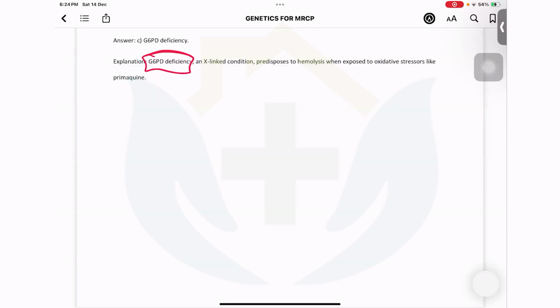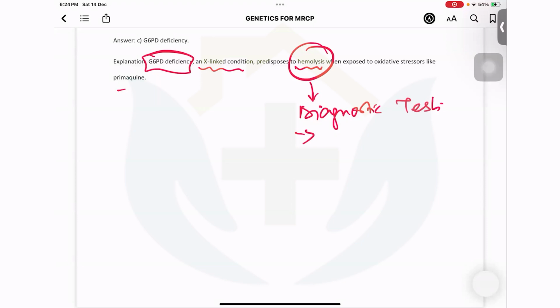G6PD is an X-linked condition that predisposes to hemolysis when exposed to oxidative stressors like primaquine. So when I say hemolysis, what are the diagnostic tests for identifying hemolysis? Direct Coombs test, DCT.